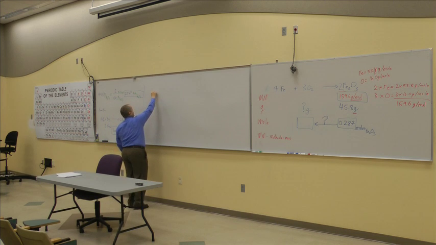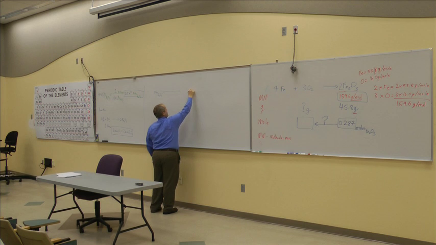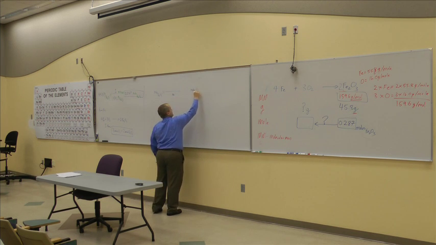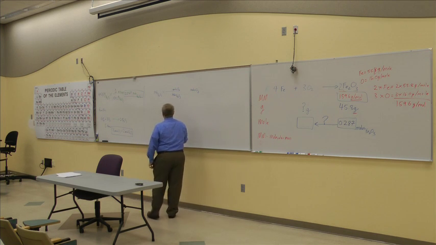So, I have moles of Fe2O3 multiplied by something to give me moles of O2. The moles of Fe2O3 on the bottom, moles of O2 on top.